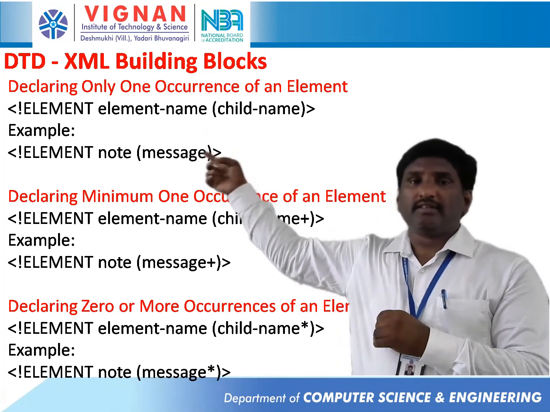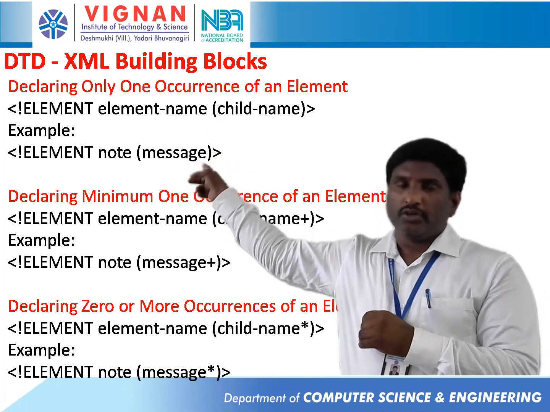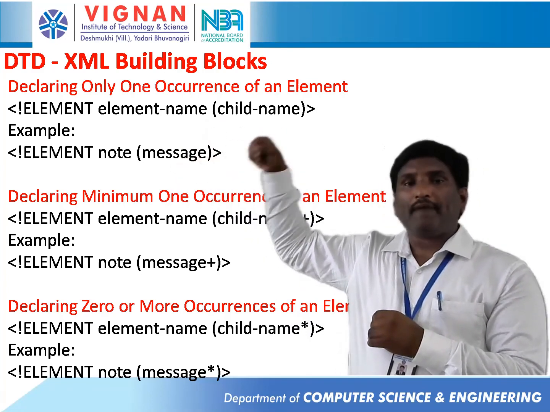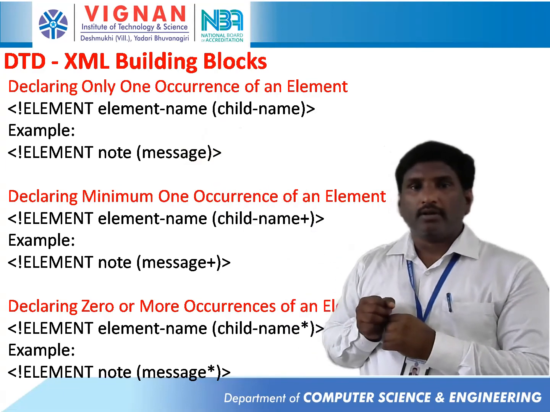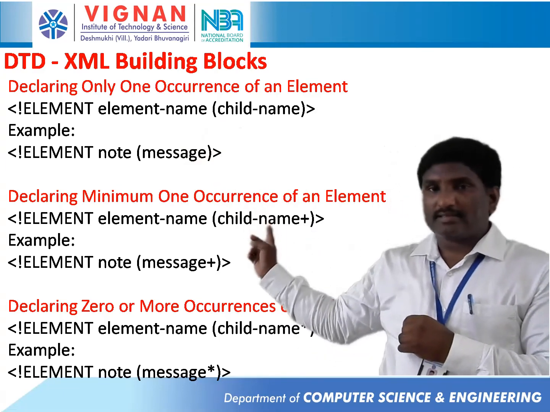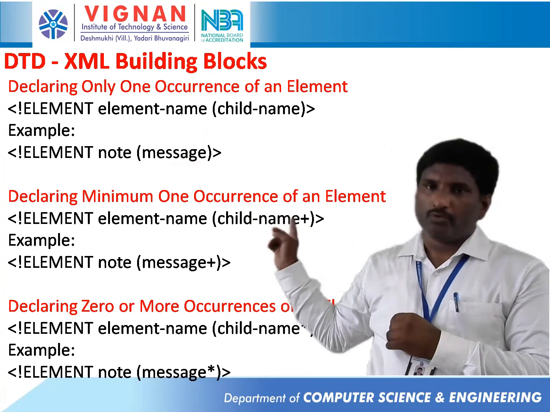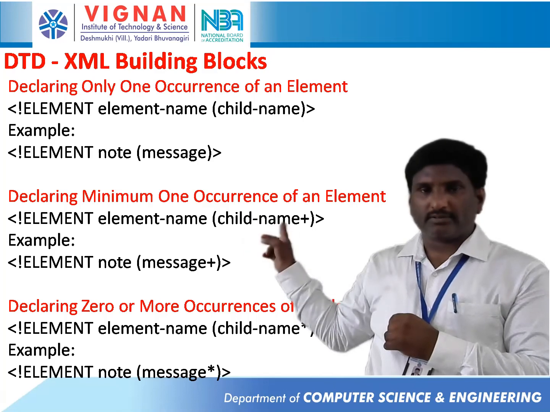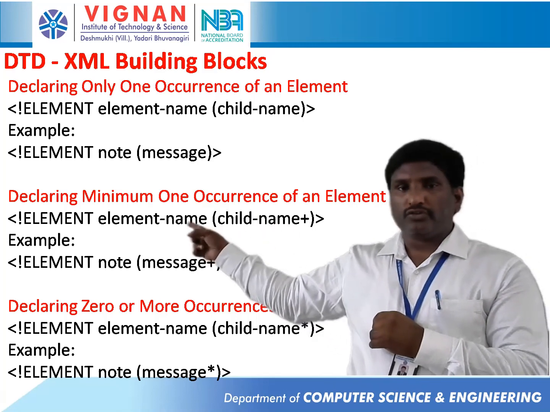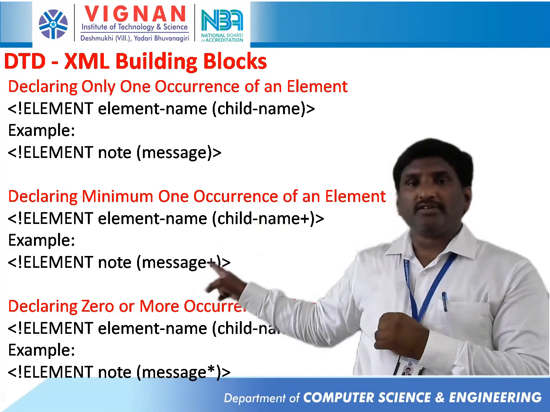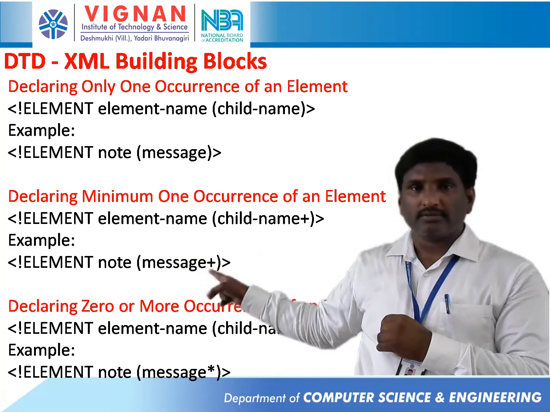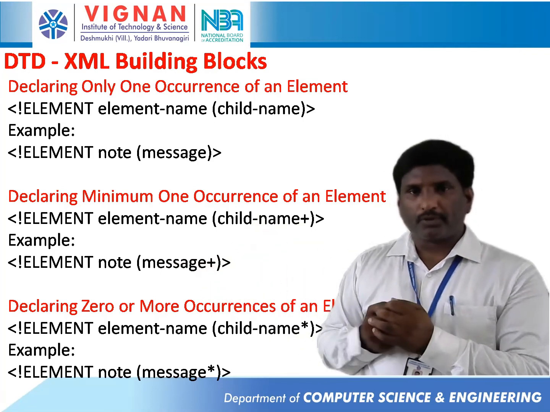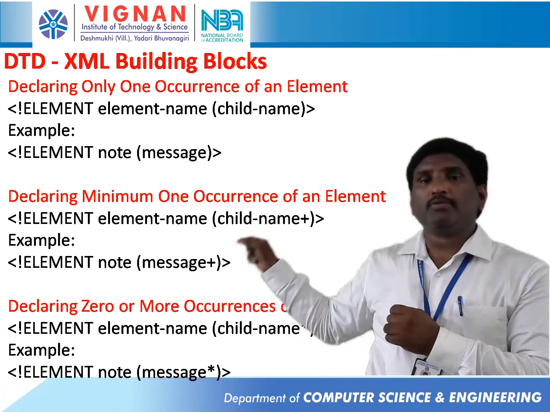If you have 4 sub-elements, each should have one occurrence if we specify it that way. And if we have a plus, it means minimum one occurrence. Message should be at least one occurrence, so we can write more than one also. Plus means minimum one occurrence.